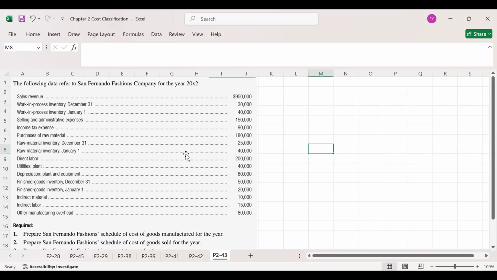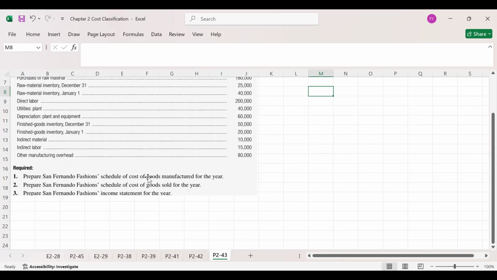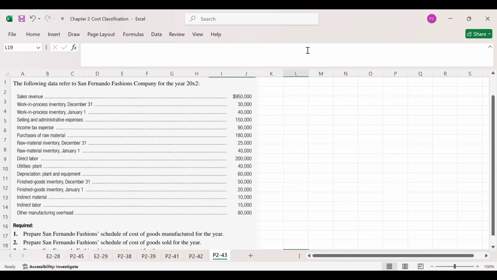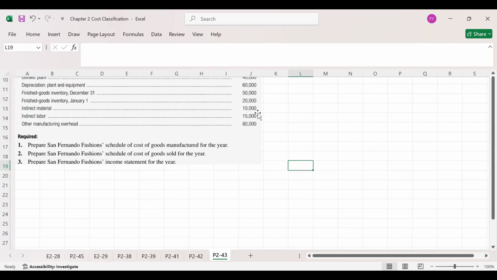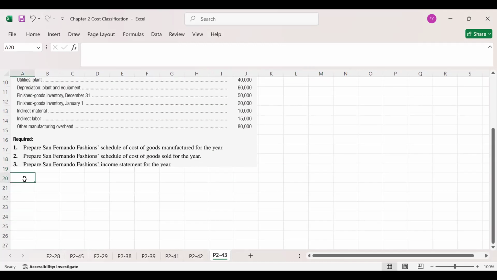So what is required? The three requirements are to prepare a schedule of cost of goods manufactured, a schedule of cost of goods sold, and an income statement. So before this, I would like to calculate total manufacturing overhead.